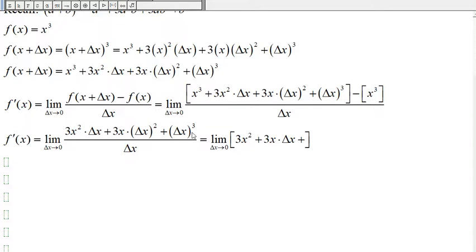And then delta x to the third divided by delta x, that would be delta x squared.